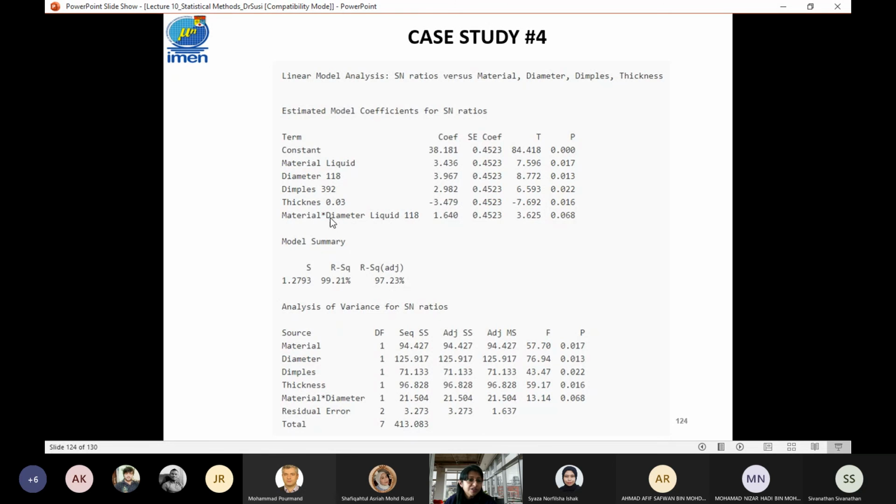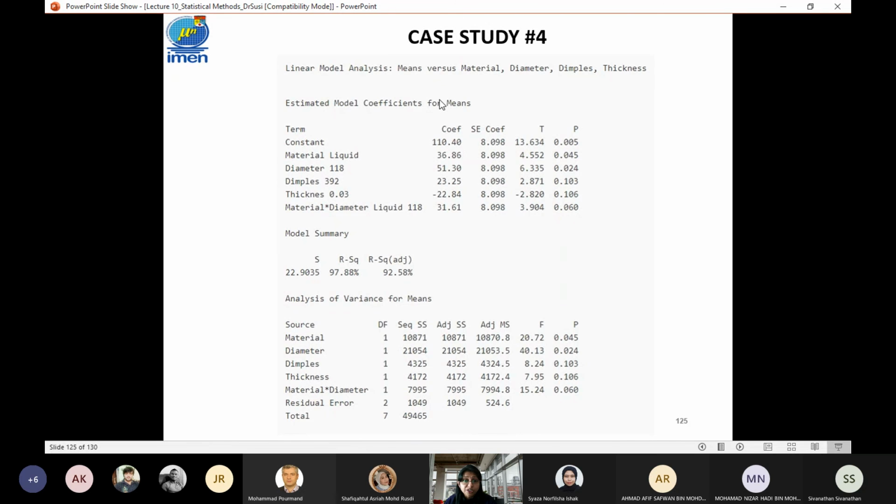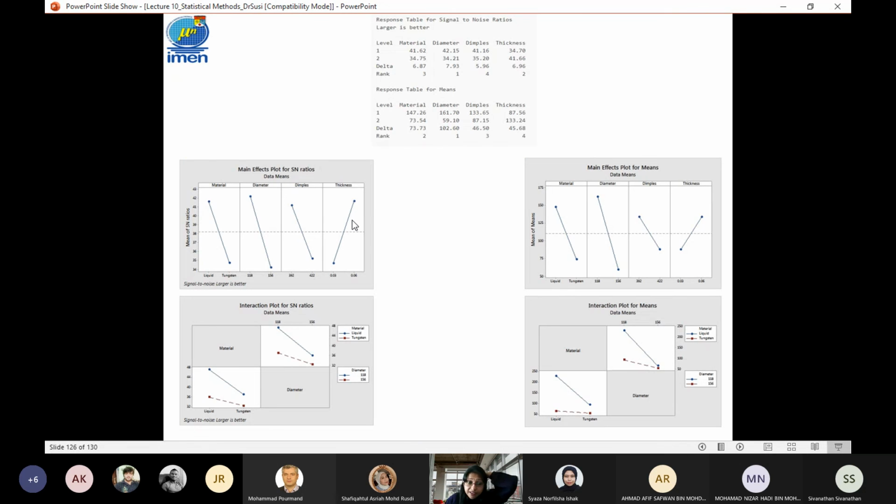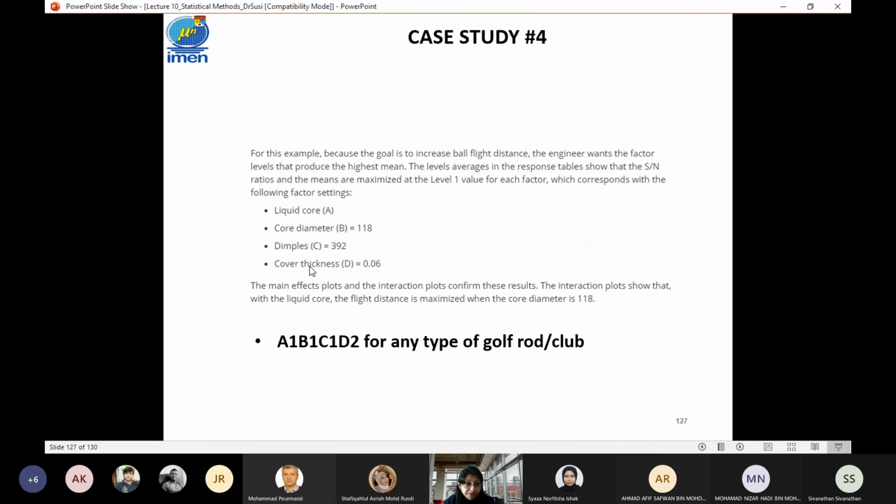There's also an interaction parameter over here. This is for the means; just now for the SNR ratio, larger the better. This gives you the response table for these SNR ratios and also for the means.